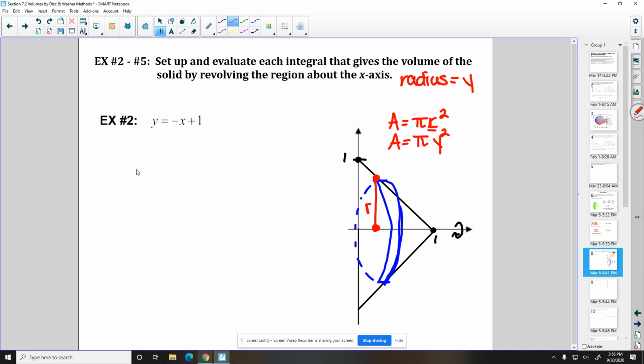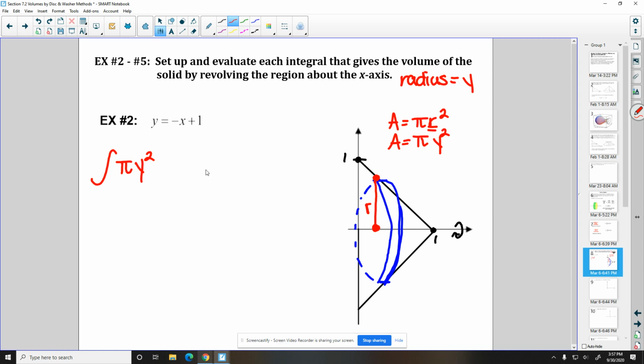And to find volume, we would have to multiply by the width, right? So I'm going to take the area of each little disc, which we said would be pi times y squared, and multiply by the width of each disc.